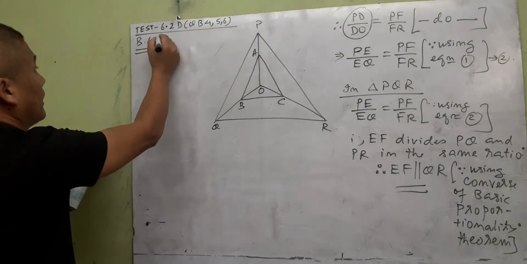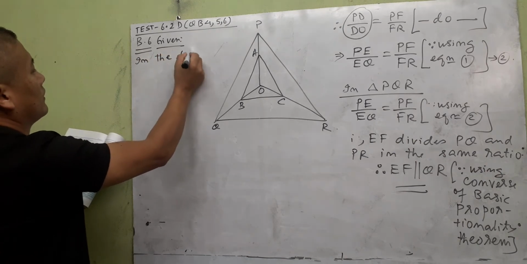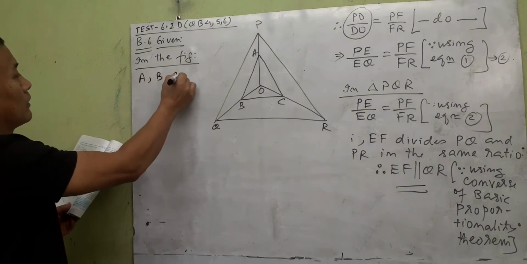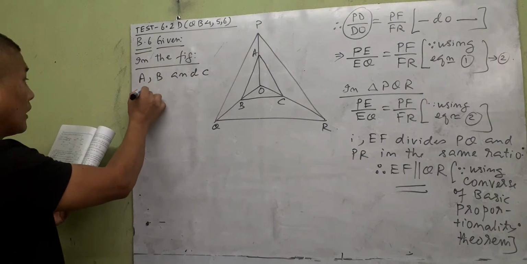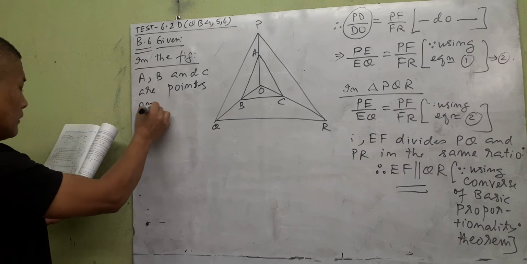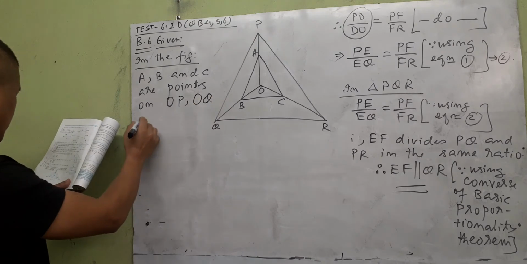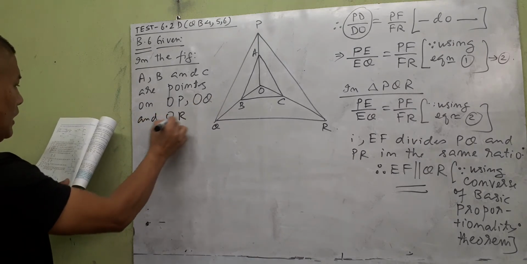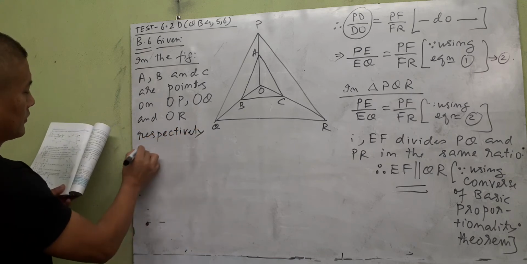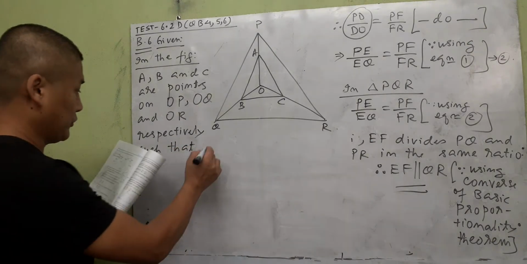So in the figure that is given to us in the question, A, B, and C are points on OP, OQ, and OR respectively, such that AB is parallel to PQ.